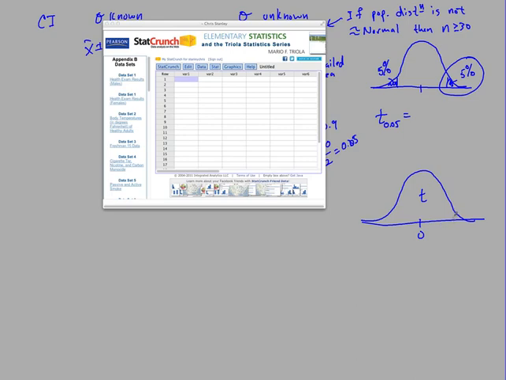So this is 0, and I'm looking for 90% in the middle. Now alpha divided by 2 means, what's the shaded region? If the middle is 90, what is this region right here? That would be 5%. Correct? If the middle is 90, then this is 5, or this is 5.